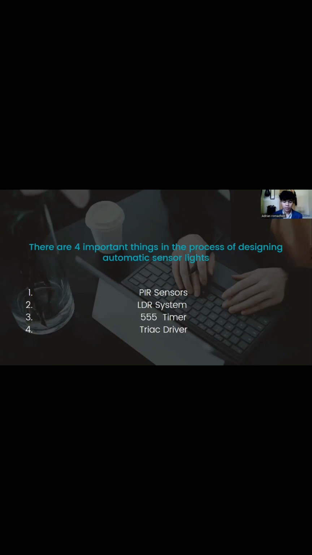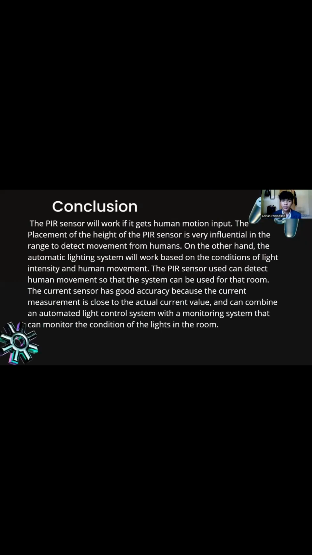To conclude my presentation, we can say that the PIR sensor will work if it gets human motion input. The height placement of the PIR sensor is very influential on the range of detecting movement from humans. On the other hand, the automatic lighting system will work based on the condition of light intensity and human movement.